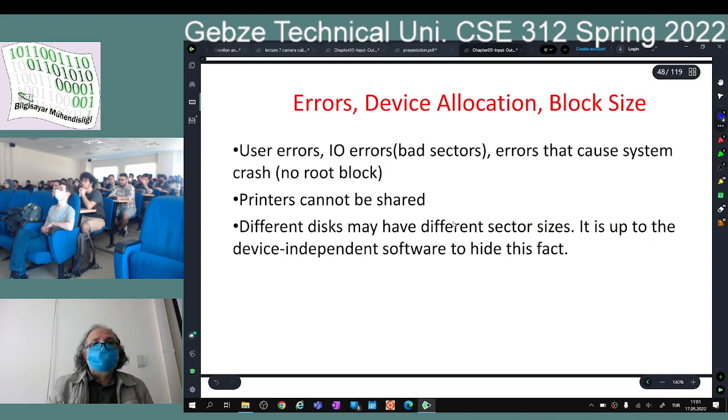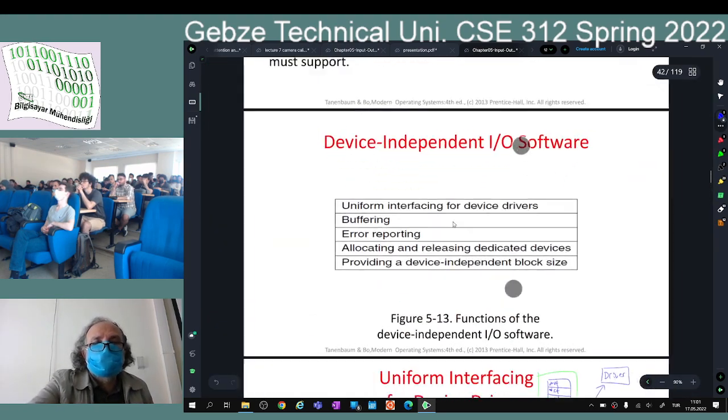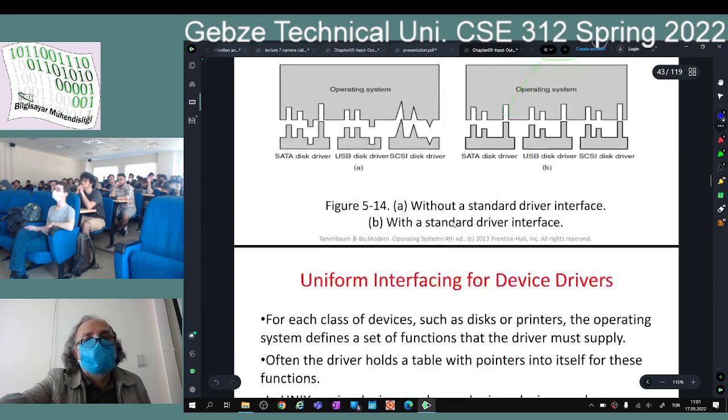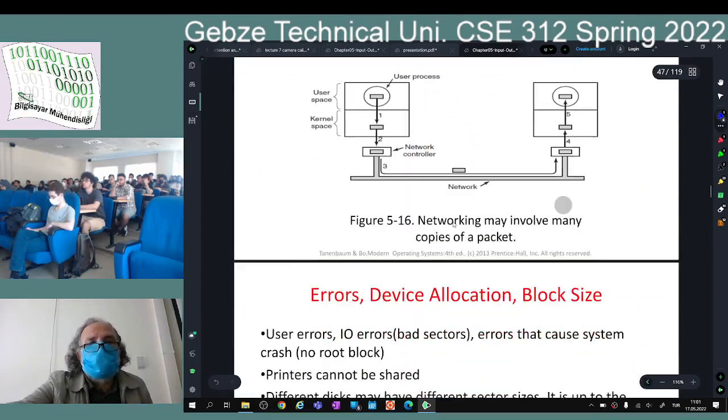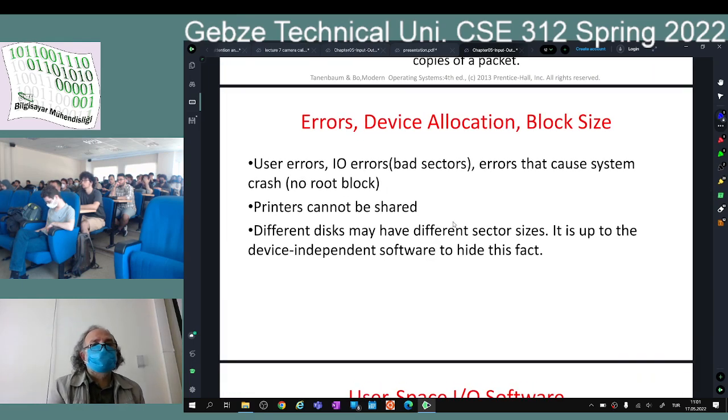Another, remember this one, interfacing buffer error reporting. Let's look at this case, error reporting. Errors will happen, and errors depend on the device that you are using. Somebody has to make sure that no two processes can use the same printer at the same time.